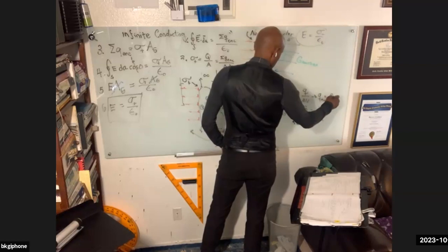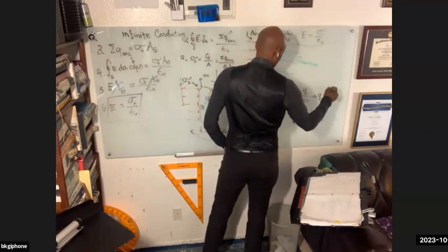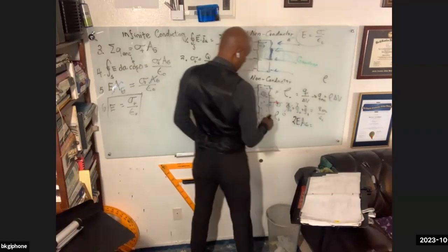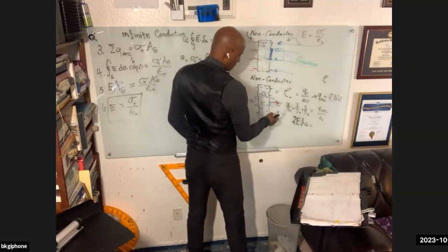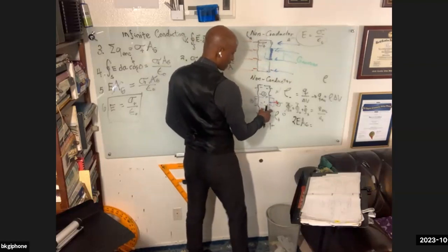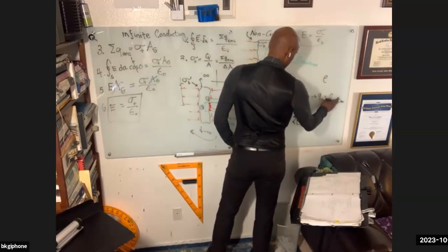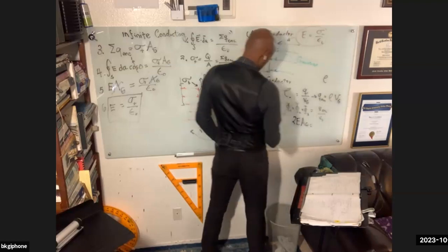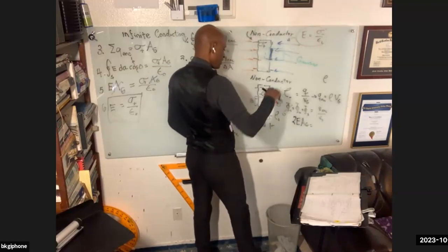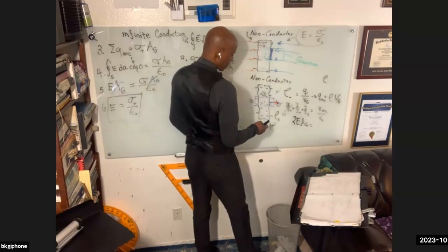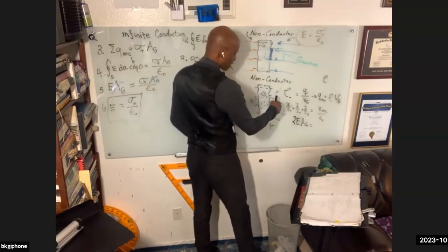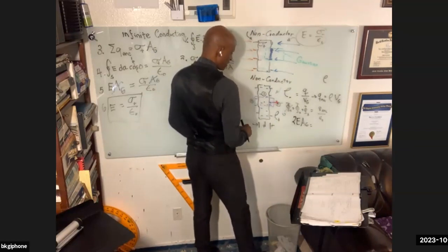Now this charge density, so the charge enclosed is going to be equal to rho times delta V, meaning just the volume of the Gaussian. And the volume of this Gaussian is pi r squared times d, where r is the radius of my Gaussian pillbox.